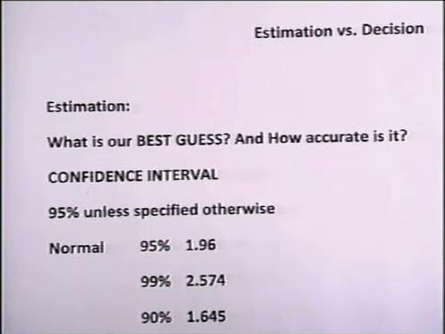For example, we may have an answer like 10 plus or minus 2. That plus or minus 2 would be our confidence interval. It says you add 2 to 10, your top end would be 12, your lower end would be 8. So you know that your best guess is 10, but the real answer is somewhere between 8 and 12.